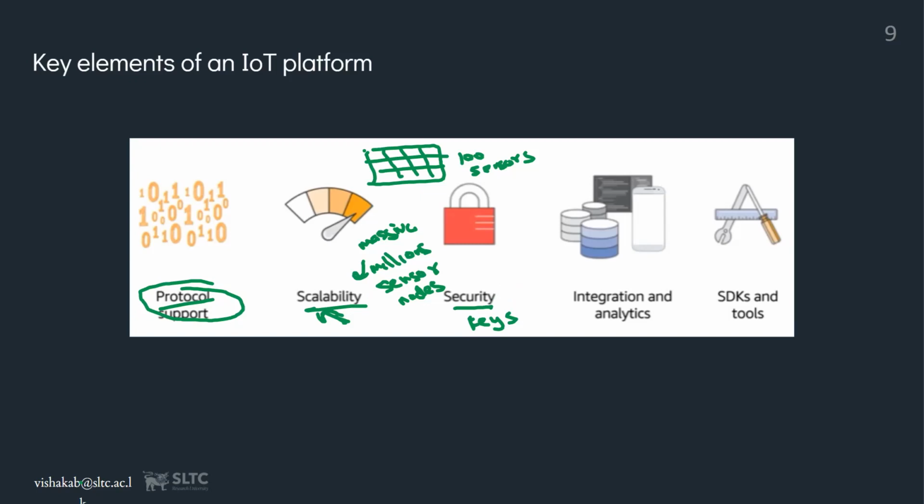They will also use other authentication methods, maybe user authentication methods, to secure the data, such that only the user who is authorized to access the data will be allowed into the database that is managed by this IoT platform, right?